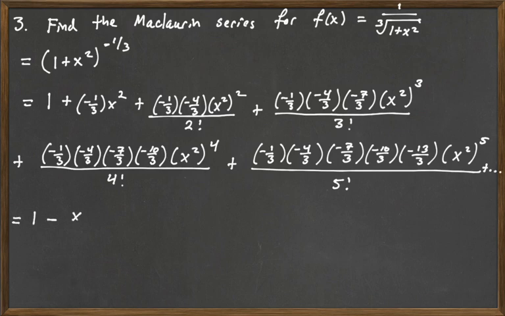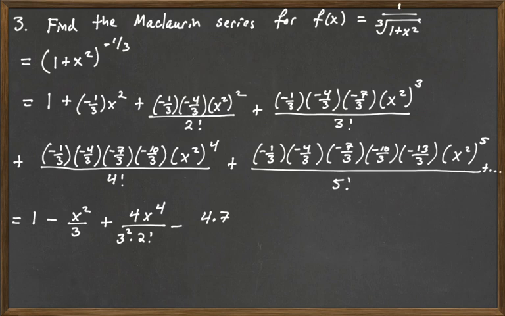So this is going to be 1 minus x squared over 3 plus 4x to the fourth over 2 factorial, and also we have a 3 times 3, so that gives us a 3 squared. And the next term is negative 4 times 7.